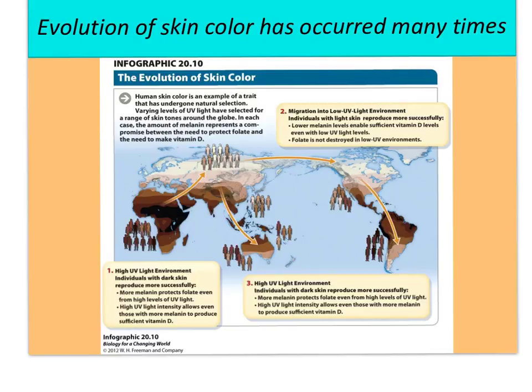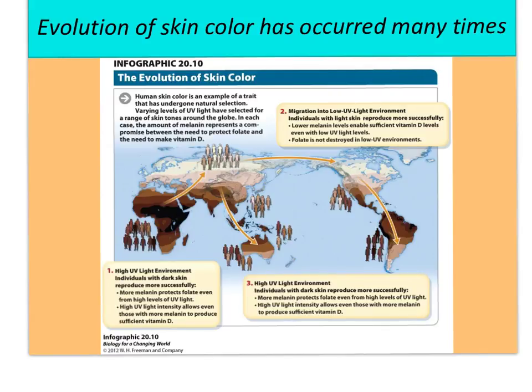In fact, even Neanderthals had relatively light skin and red hair because they were mainly found up in Eurasia. And so modern humans that have light skin are not descended from Neanderthals with light skin.